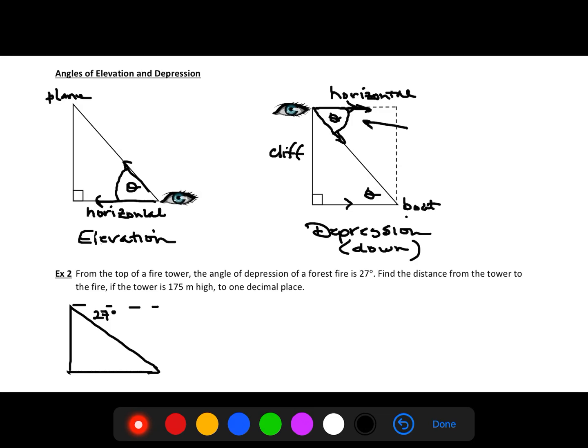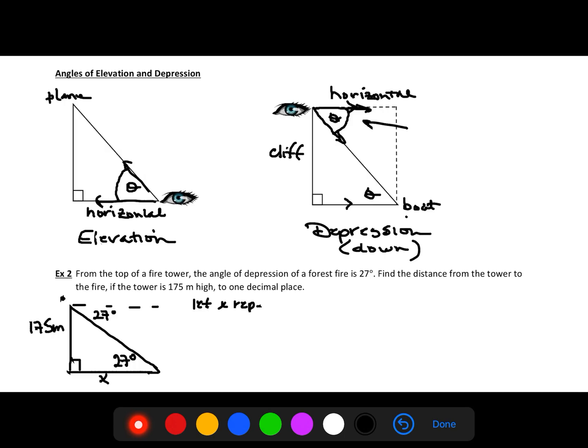So we know our angle of depression, which as we mentioned is outside of the triangle from the top of the tower up here looking down. Our tower is 175 meters high. We assume that anything like a tower, a building, is always creating a 90-degree angle with the ground or the horizontal. So now we know that this angle in here is also 27.